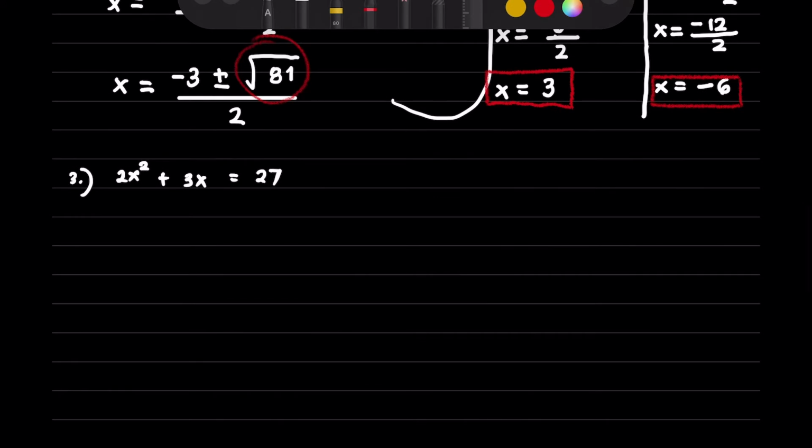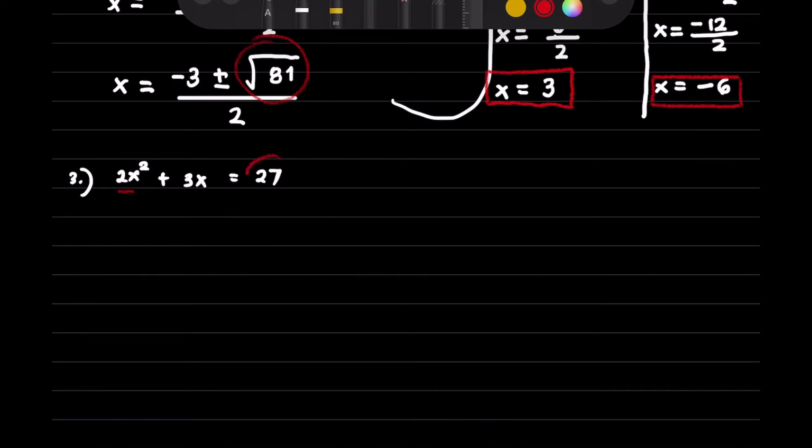Okay, number 3. So, dito, as you can see, ang numerical coefficient ng ating quadratic term ay greater than 1 na. So, kapag mga ganyan na, mas magandang gamitin ng quadratic formula. Okay? So, now, let's check muna kung naka-standard form. So, ito, hindi siya naka-standard form.